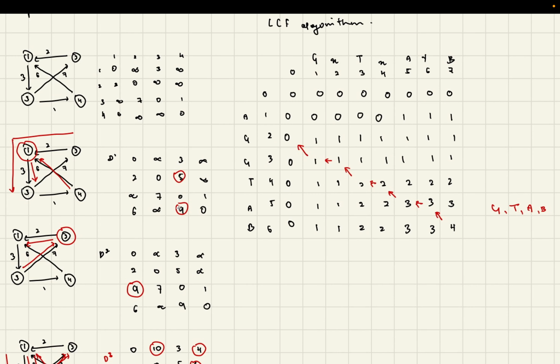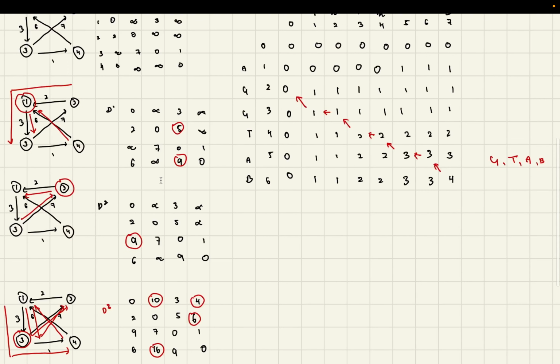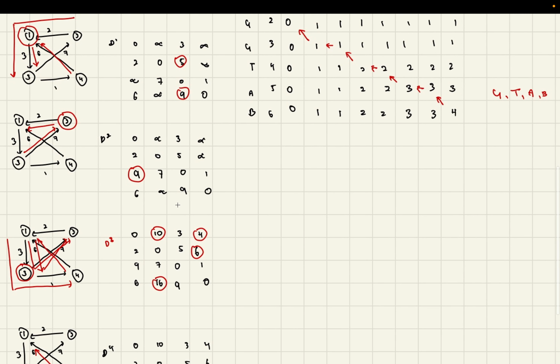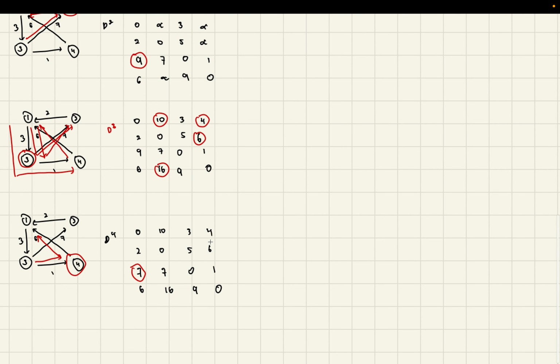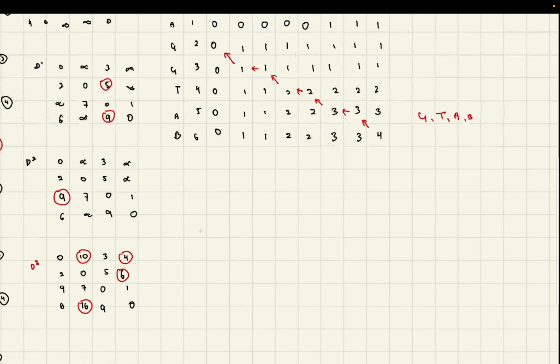And then we replace the infinity with the actual value. Same as 2 going to 3. 2 can go to 3 by using node 1, so we sum it out. 2 plus 3 is 5, and then we continue the same process until node 4. And then for the last answer, we can see there is no infinity value in our matrices.